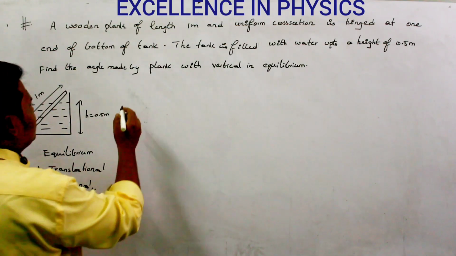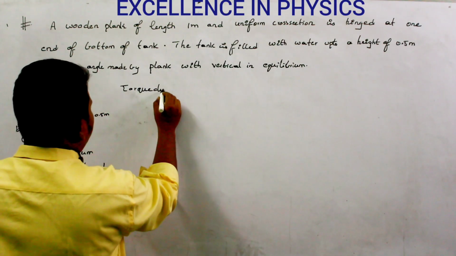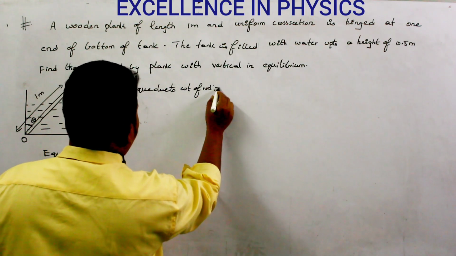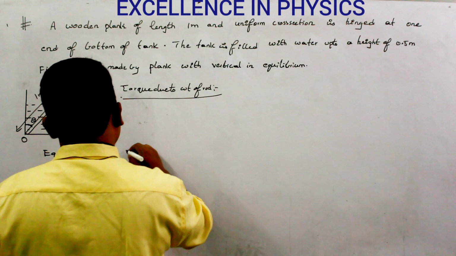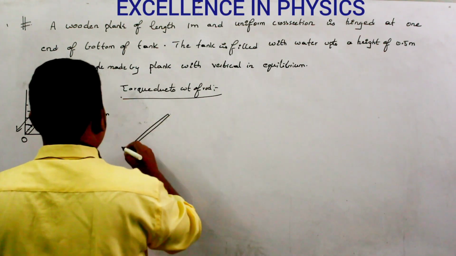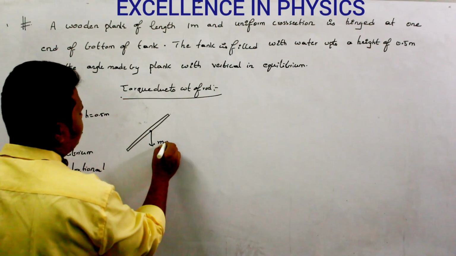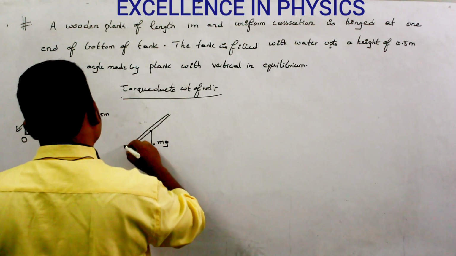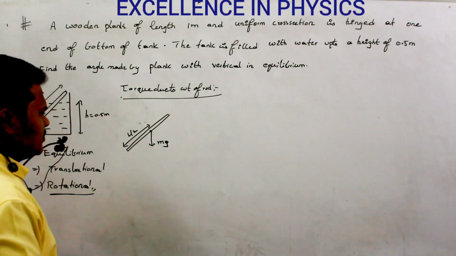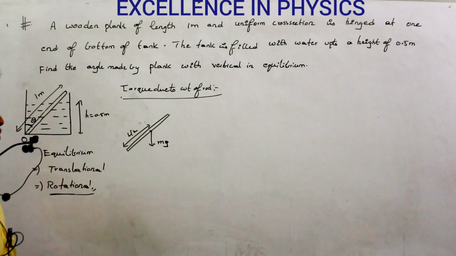So first let us calculate the torque produced due to the weight of the rod. If this is the total length of the rod, which is L, then mg, the weight of the rod, will be acting exactly at a distance of L by 2, because the total length of the rod is L, 1 meter.